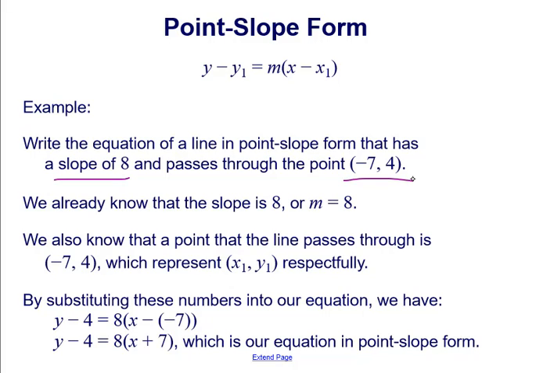By substituting these numbers into our equation, remember y minus y1 equals m times x minus x1, we automatically have y minus 4 equals 8 times the quantity of x minus -7. If we rewrite minus -7, we get our point-slope form as y minus 4 equals 8 times the quantity of x plus 7.